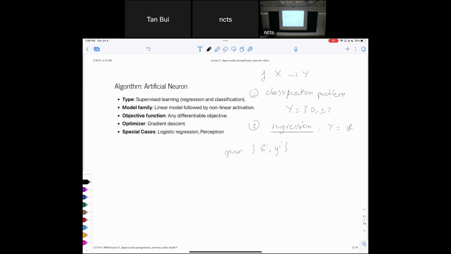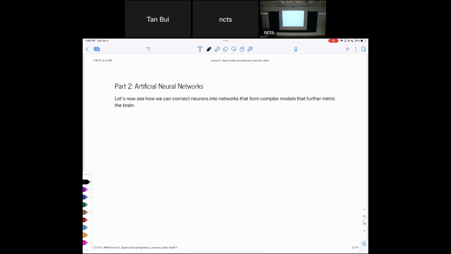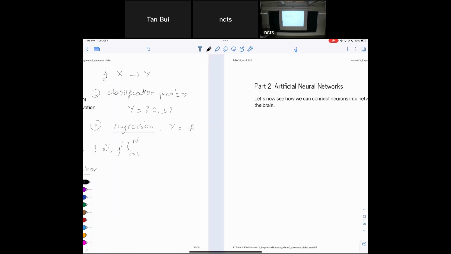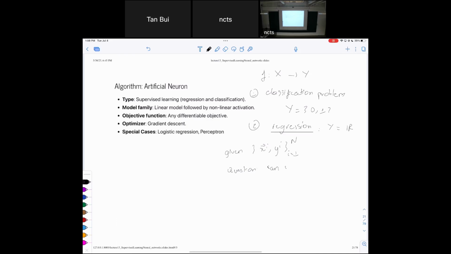So we are given xi and yi, from 1 to, let's say, n, and the question is: can we learn the function, or can we approximate f with a deep neural network?